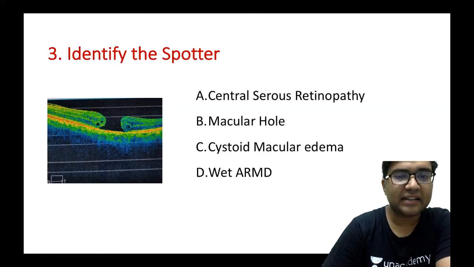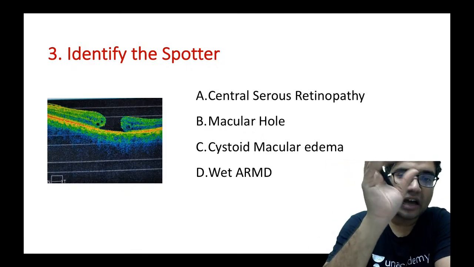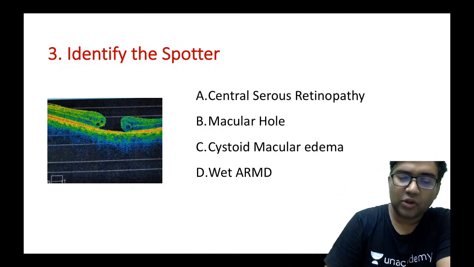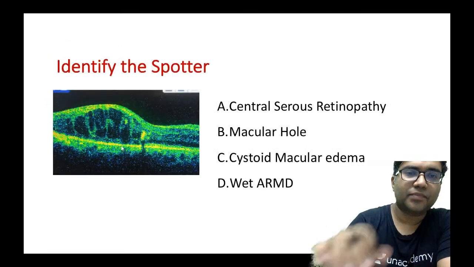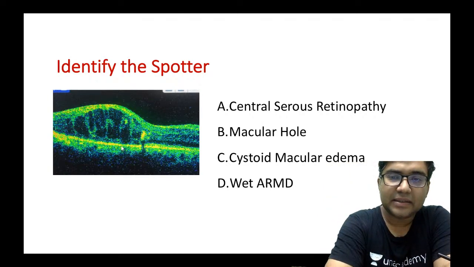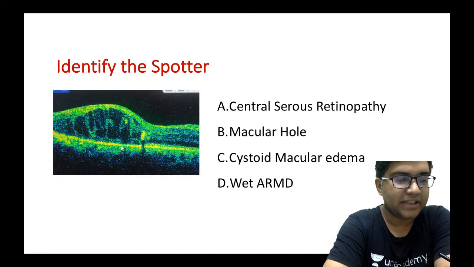This is CSR and this is macular hole. Sneha, now is it clear how the two differ from each other? Okay. So now the third spotter is, identify this spotter: central serous retinopathy, macular hole, cystoid maculoedema, or wet age-related macular degeneration.